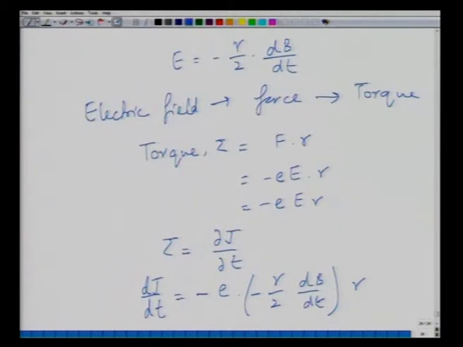Now you can see that the negatives cancel each other, and what you get in the end is dj by dt equal to E r square by 2 into dB by dt. So, this is the expression that you get for the time derivative of angular momentum: it is equal to the time derivative of the magnetic field multiplied by some constant, because all of these parameters here are constant.